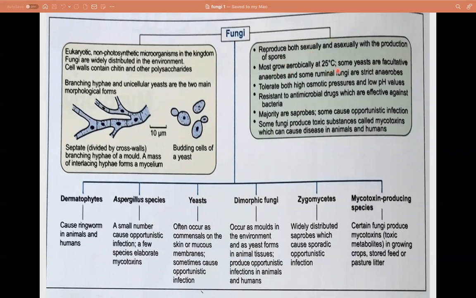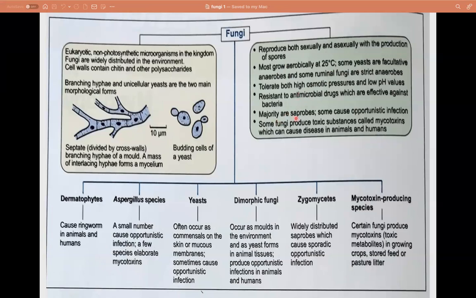Some yeast are facultative anaerobes, and some ruminal fungi are strict anaerobes that are present among ruminants, in the rumen. They tolerate both high osmotic pressures and low pH values, and are resistant to antimicrobial drugs which are effective against bacteria, because specific chemotherapy used for fungi are antifungal drugs.